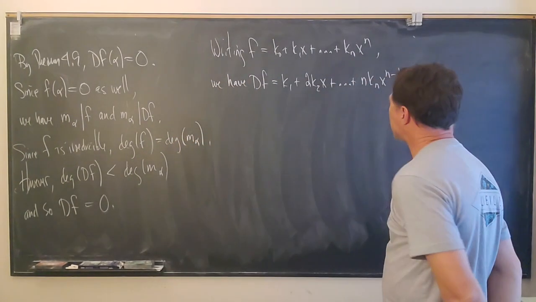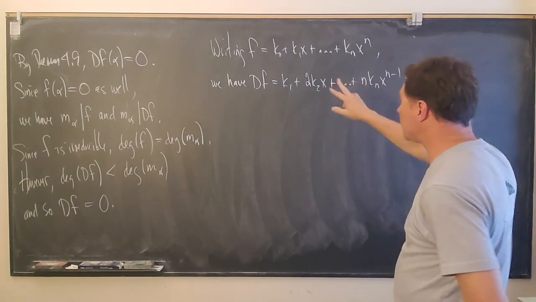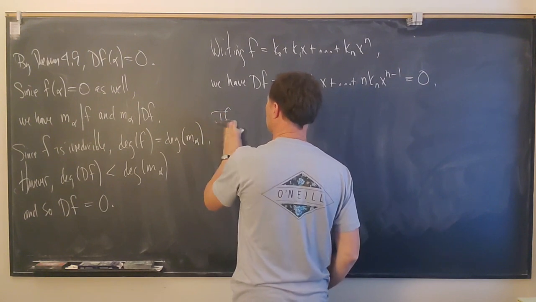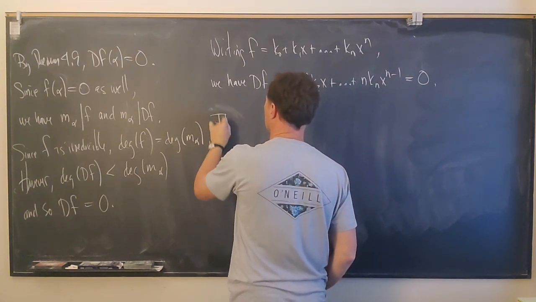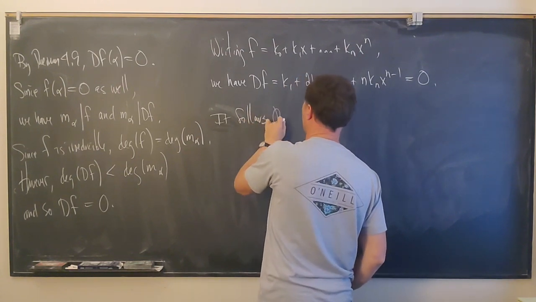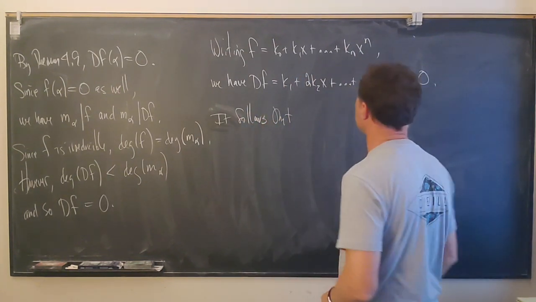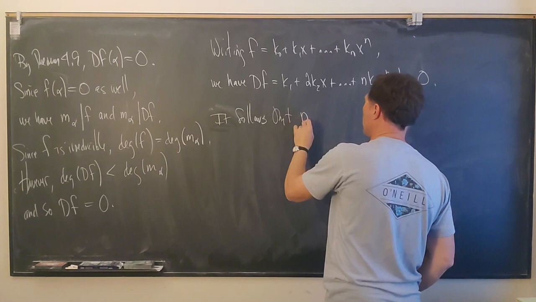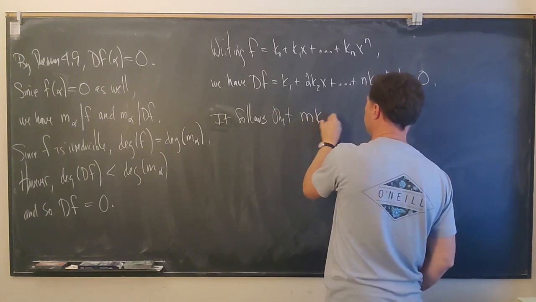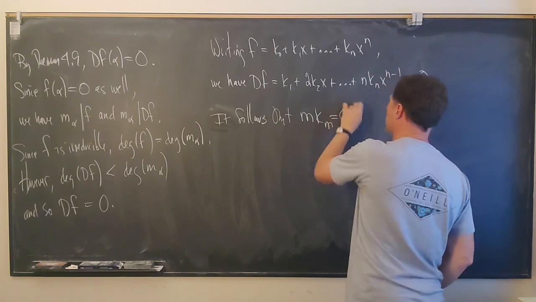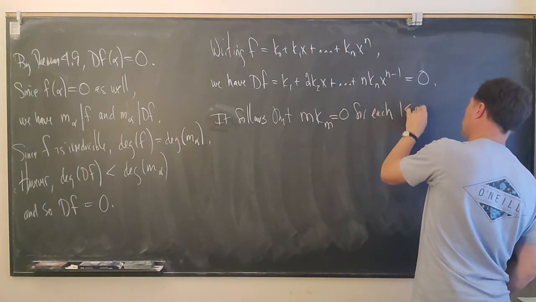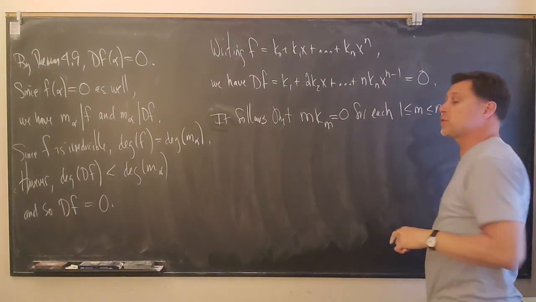So what does that tell us then? It tells us that every one of these coefficients has to be 0, so it follows that m times km equals 0 for each m between 1 and n.